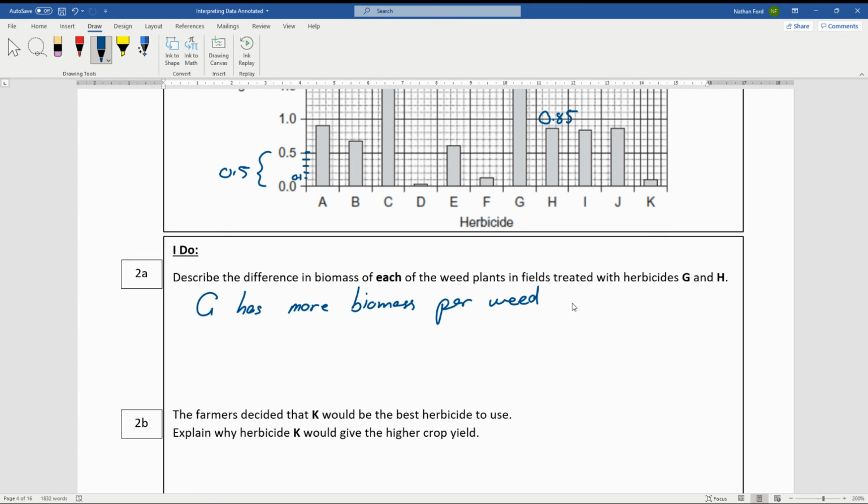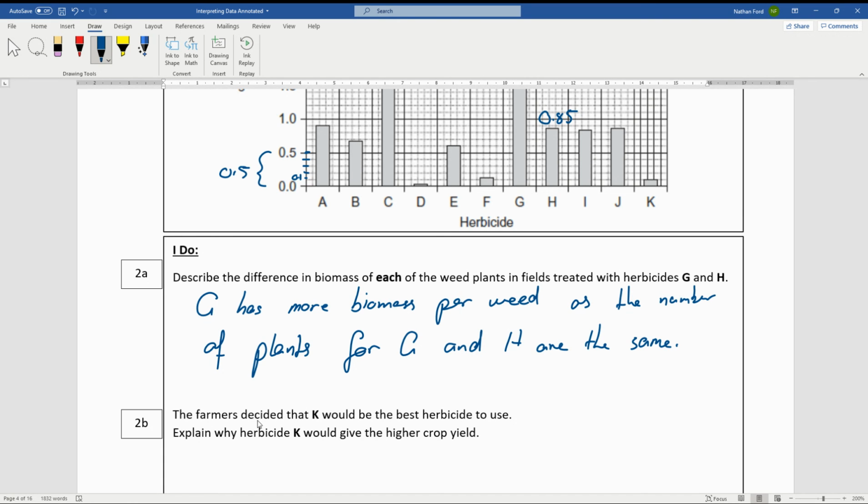I would always explain it for 2 marks as the number of plants for G and H are the same, and G has more biomass.